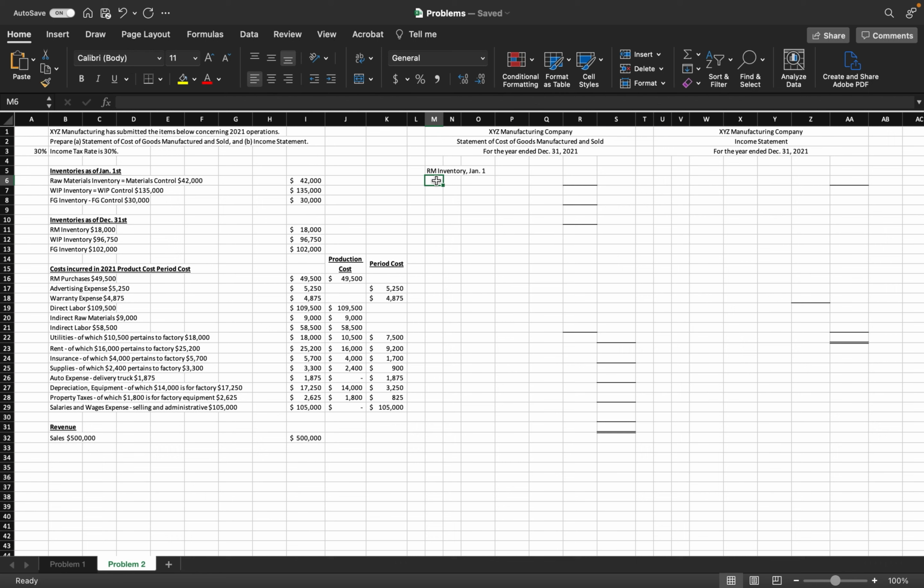Okay, and then I'm going to have where my raw materials purchased. And that ends up giving me the raw materials that are available for use. And from there I'm going to deduct the raw material inventory at the end of the year. So then that will tell me the raw materials that were used.